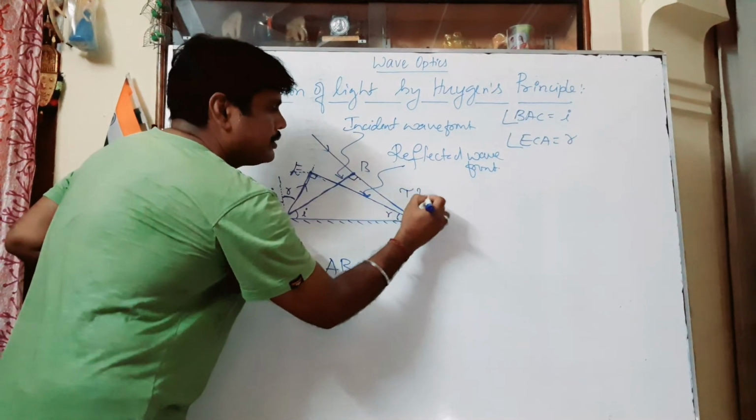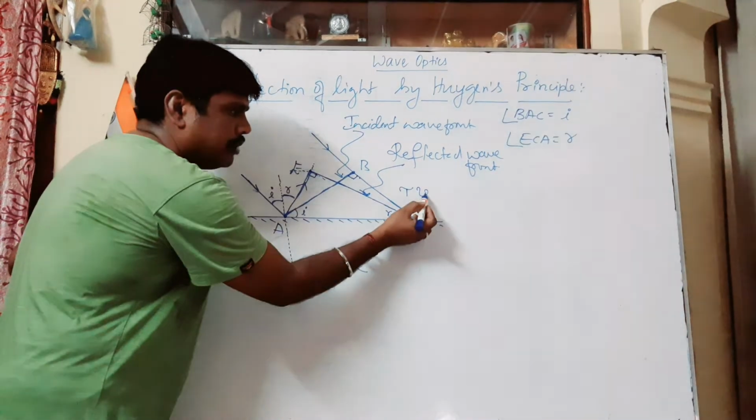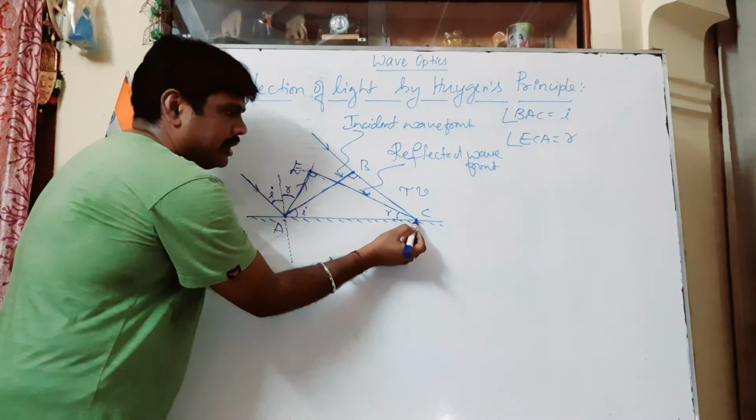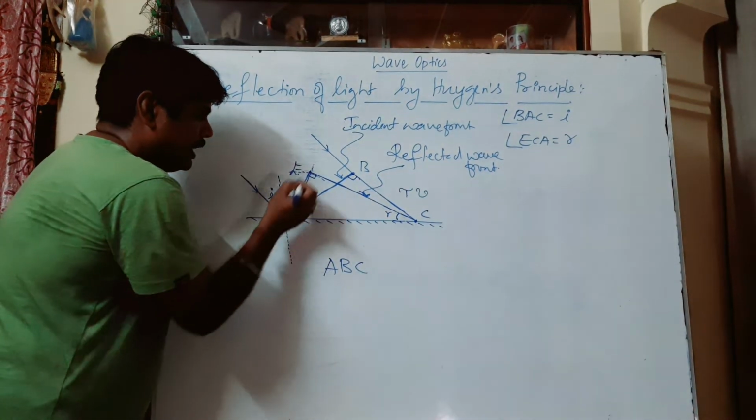The speed of light is V. Since the light is traveling with speed V from here to here, if you multiply speed and time, you will get the distance. In the same time and at the same speed, the distance travelled from A to E is the same.